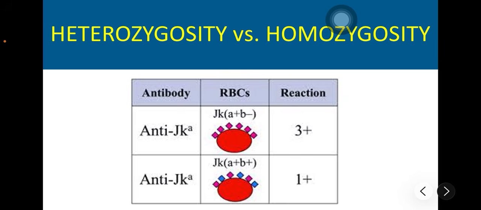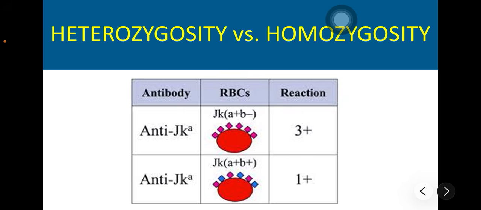Because all of the Kidd antigens on the red cell are JKA, numerous antibodies would attach to the red cell, giving you a 3+ reaction. Please take note that adding anti-JKB to JKA positive, B negative will yield no reaction, since there are no JKB antigens for the anti-JKB antibody to attach to.